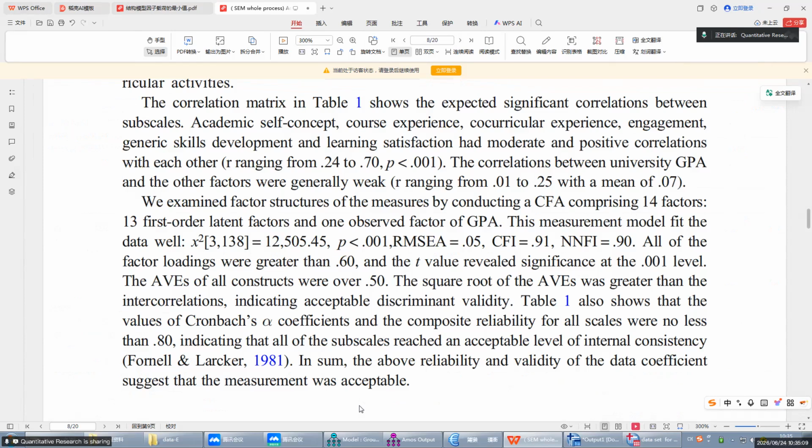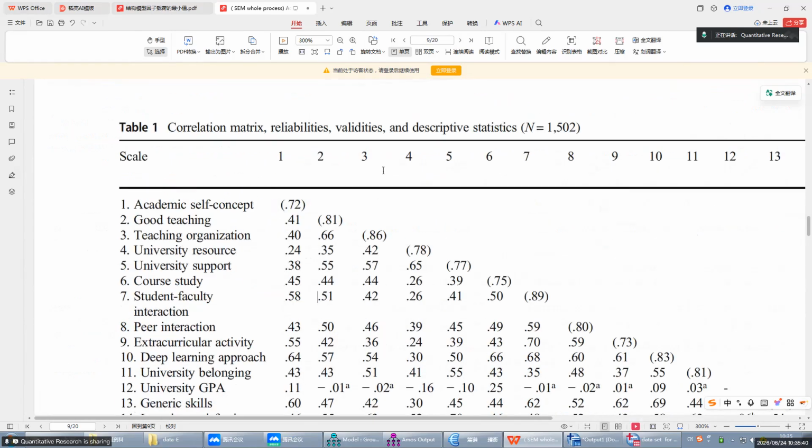So now this is the whole process of testing confirmatory factor analysis. Yeah. So now you need to know how to do that. I will share this article with you. So when you do your own data analysis, when you report your own values, you can imitate this article. Okay. So now we complete confirmatory factor analysis.